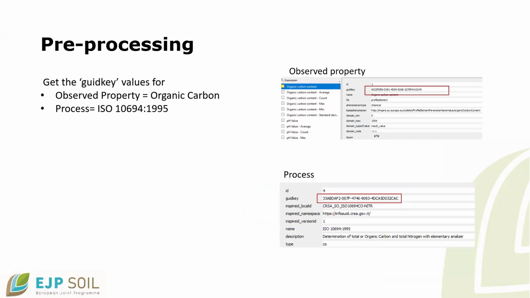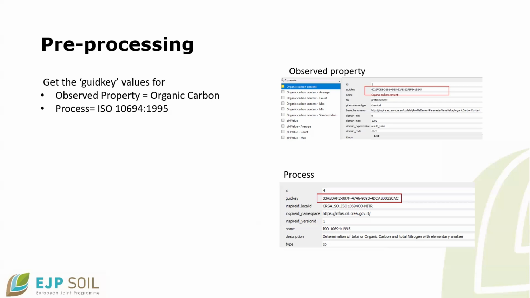And we also needed to do some pre-processing activities. Why? This is because we are adding new soil plots to the INSPIRE-SOIL Geopackage that already contains Sicily plots, and that already contains the table with the observed properties and the related processes and units of measure.